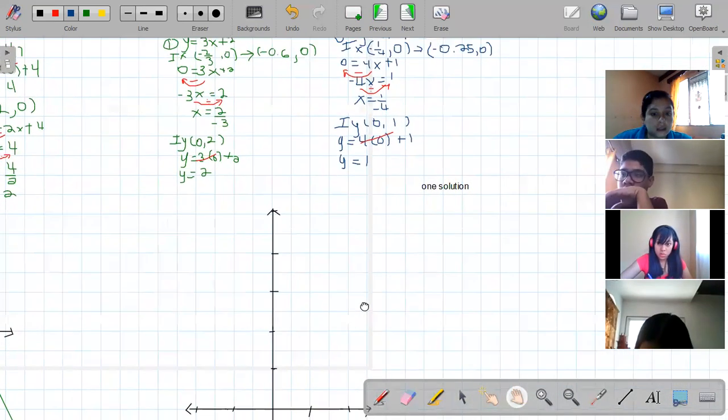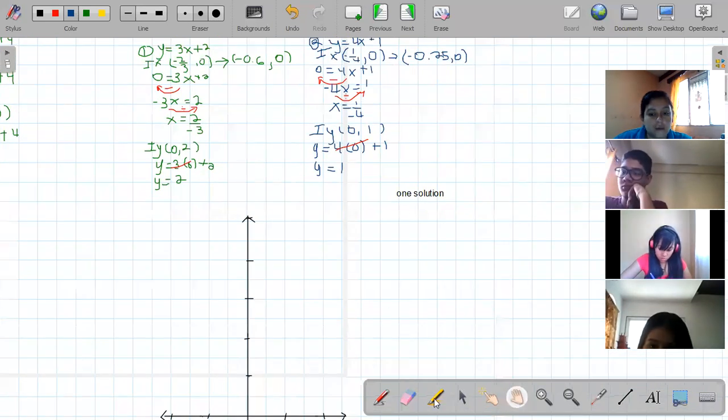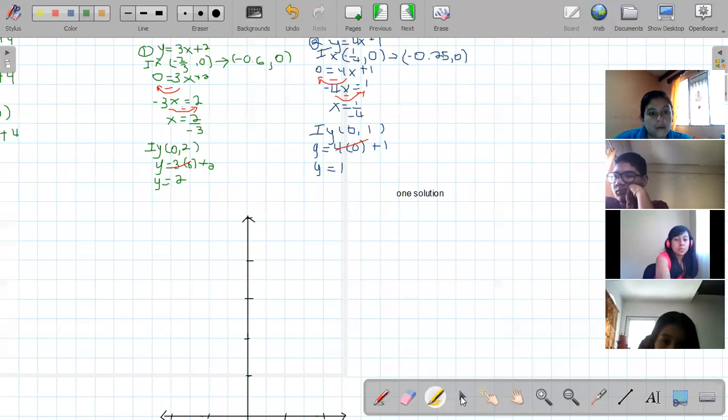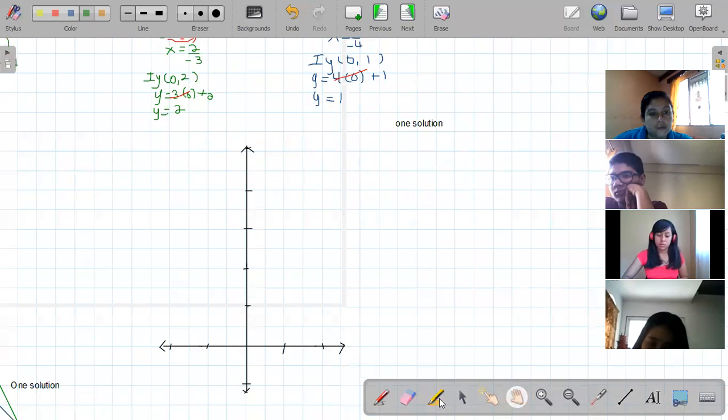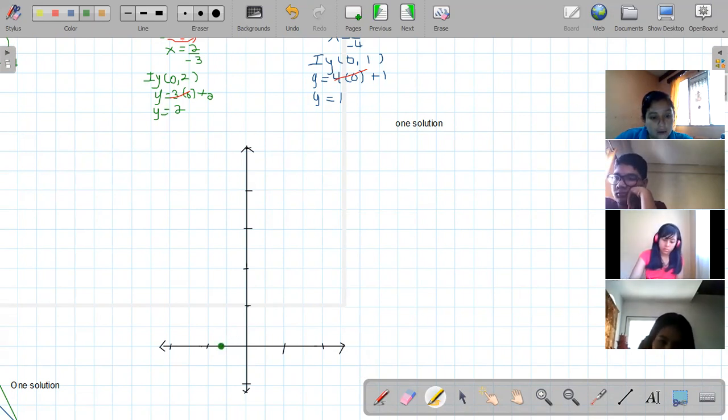So let's move this a little bit to this side so I can graph it properly. Now the green one, negative 0.6, comma 0. Okay, so negative 0.6. I use a scale of 2 squares, so it's a little bit past the half.